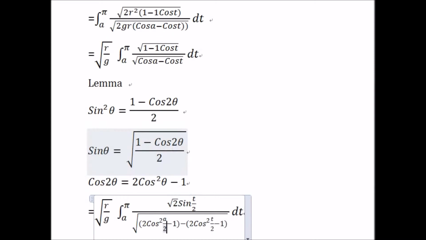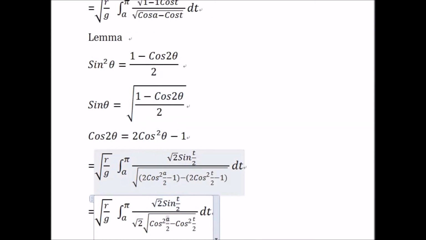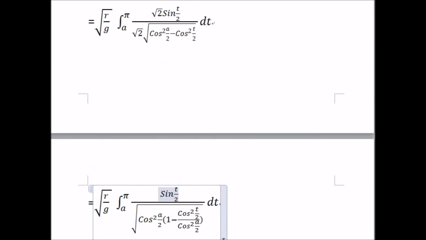And also cosine 2 theta equals 2 cosine squared theta minus 1. Implementing all these little side notes into our equation, the conclusion will be the square root of r over g, times the integral from a to pi of the square root of sine t over 2, over the square root of 2 cosine squared t over 2 minus 1.